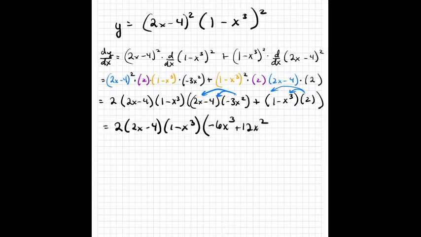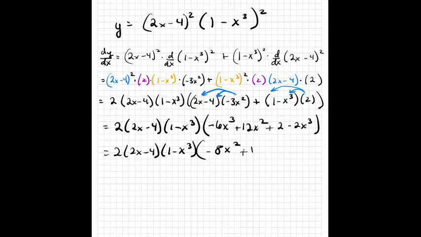Almost there. 2x minus 4, 1 minus x cubed. Let's see, negative 6 minus 2 is negative 8. 12x squared. It looks like there's another 2 in there that we can factor out. Plus 2. Let me factor out that final 2. We could probably factor out a negative 2, but I'm going to factor out negative 2.